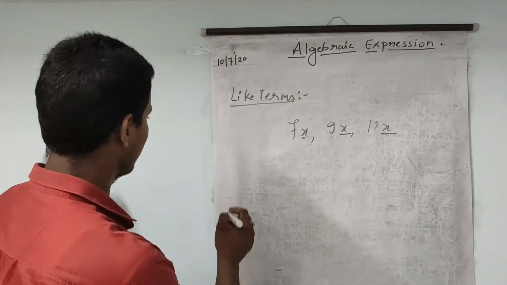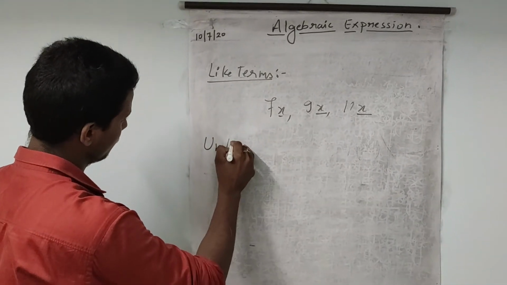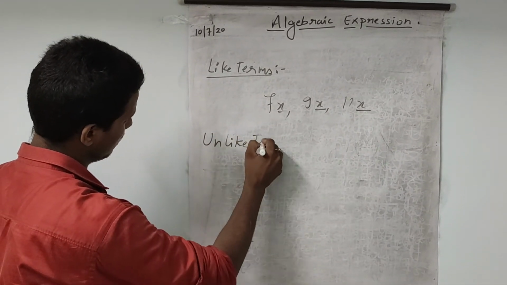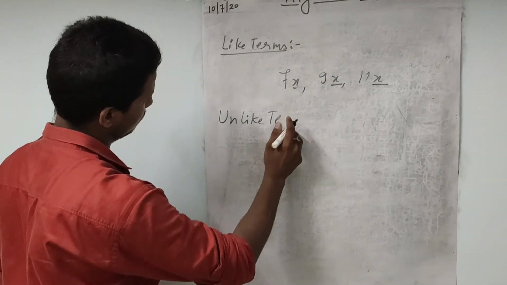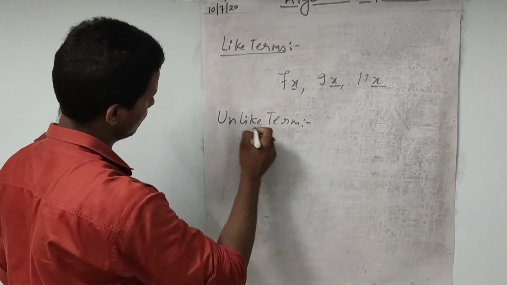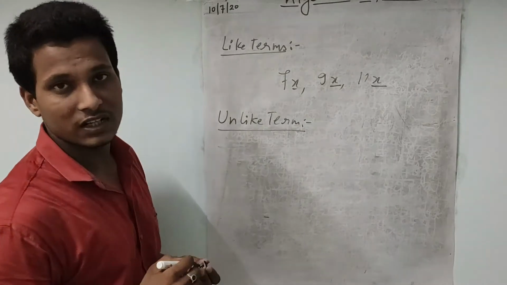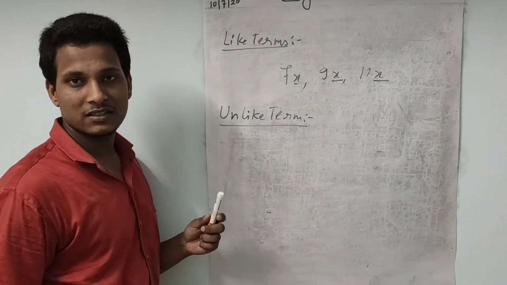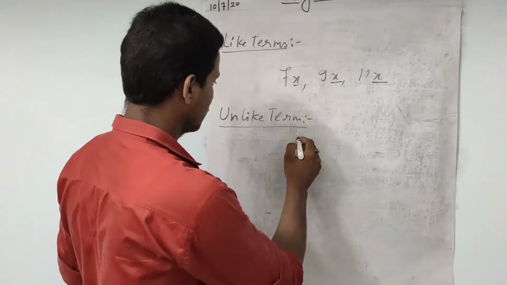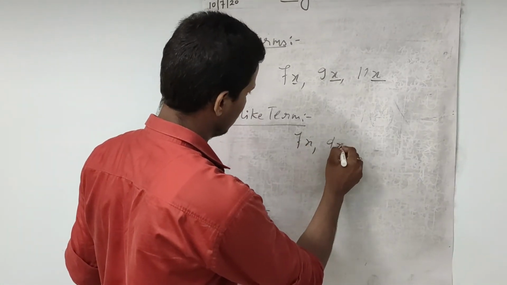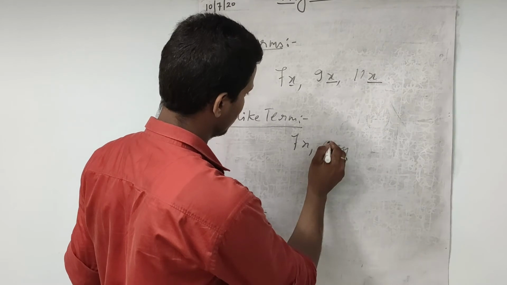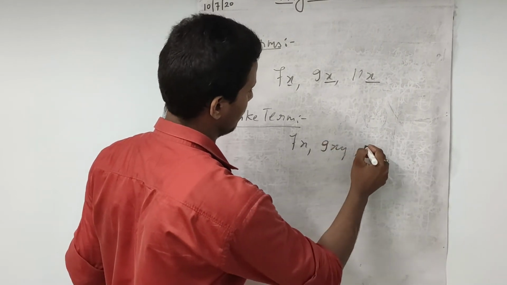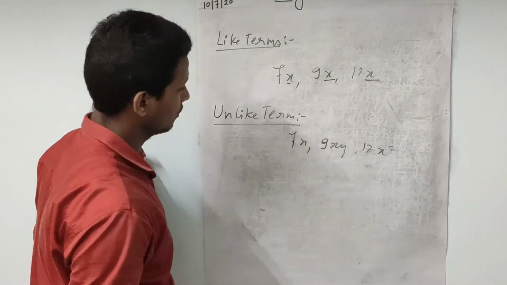Other than this, we have unlike terms. If these two conditions are not matched, then the terms are called unlike terms. Suppose like 7x, 9xy, and 12x square.